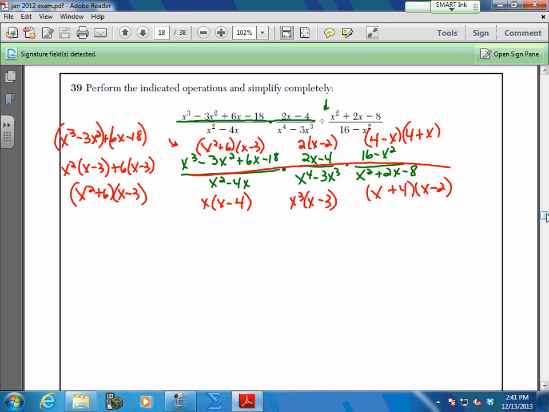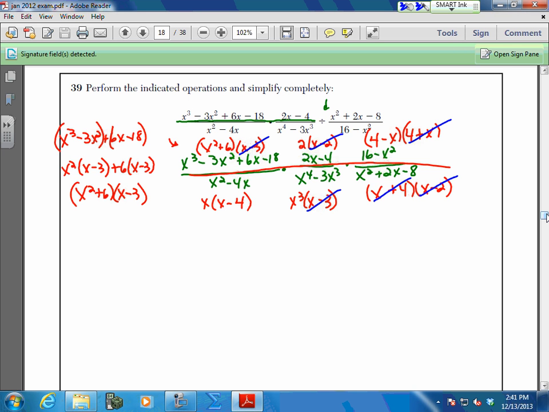Now, from top to bottom, you can cancel out your like factors. Notice you have an x minus 3. Get that out of here. We also see an x minus 2. Get that out of here. I'm left with an x plus 4, and I do see my x plus 4 up here, commutative property.